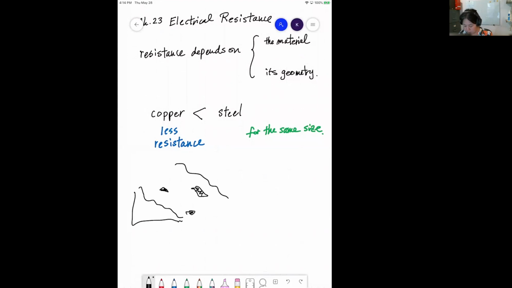And there are rocks in the river. They're like impedance. That gives resistance, right? It makes it harder for the water to flow.